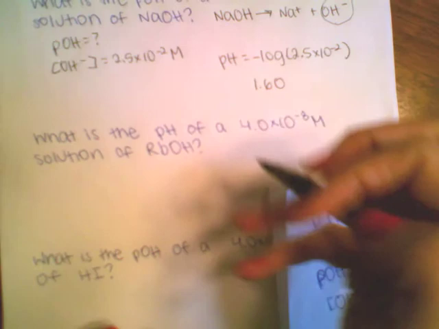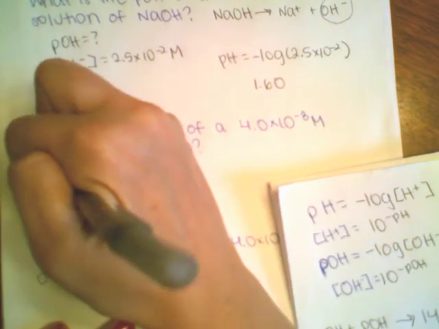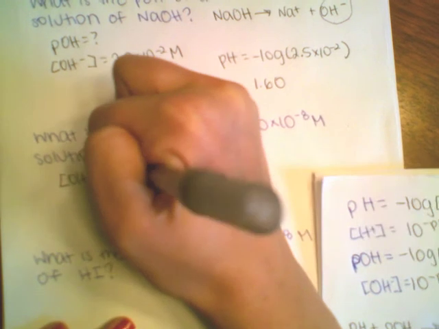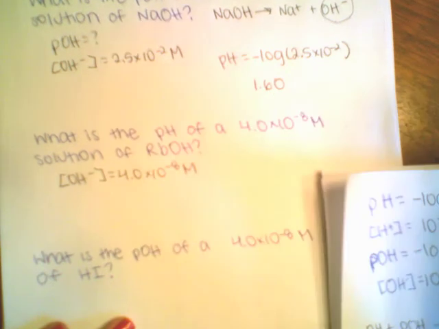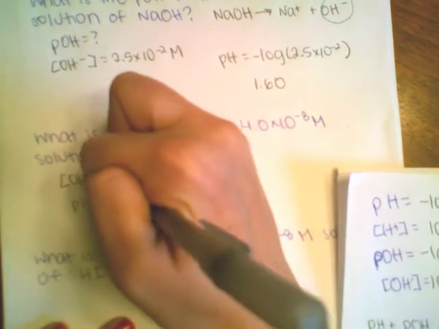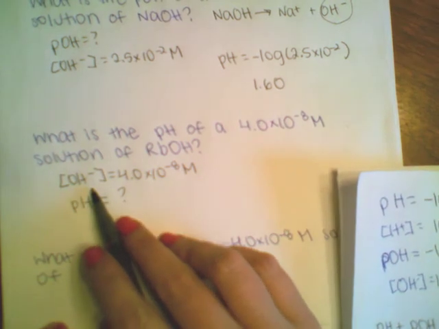So since we're dealing with a strong base, this concentration is the concentration of hydroxide. But the question asks us to find pH. So we're looking for the power of hydrogen, yet we're given the concentration of hydroxide.